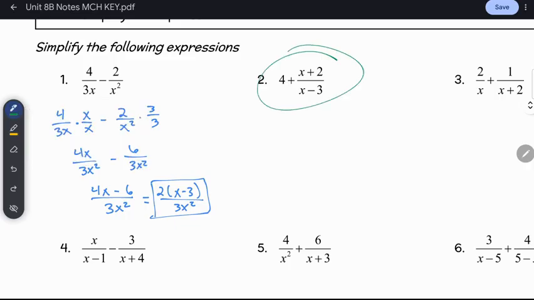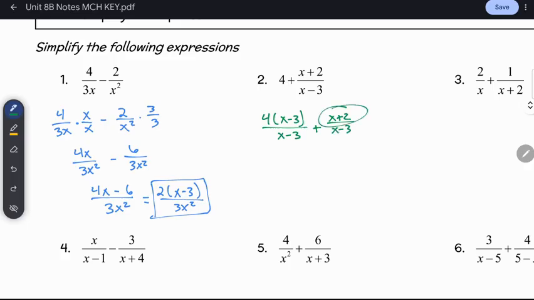Next, we have 4 plus x plus 2 over x minus 3. Now, there is no denominator here. There is a denominator here, so our common denominator has to be the only denominator. So we are going to multiply this 4 times x minus 3. So we will have 4 times x minus 3 over x minus 3 plus x plus 2 over x minus 3.